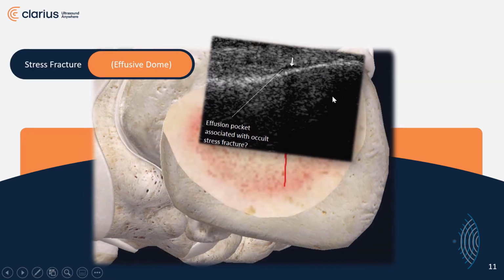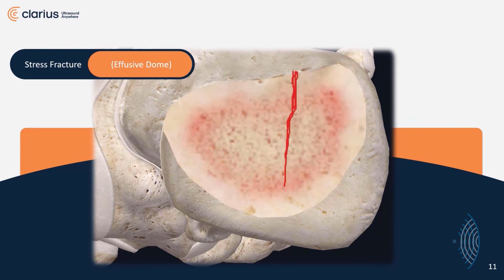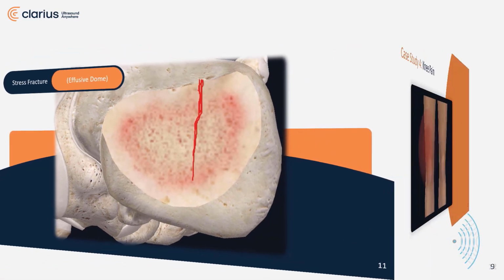When I pushed the probe up and down on that spot, I was very confident that underneath there would be a stress fracture. And sure enough, 10 days afterwards, we ordered another x-ray, and it came back with identifying signs of callus formation that was dense enough to be evident on plain x-rays.